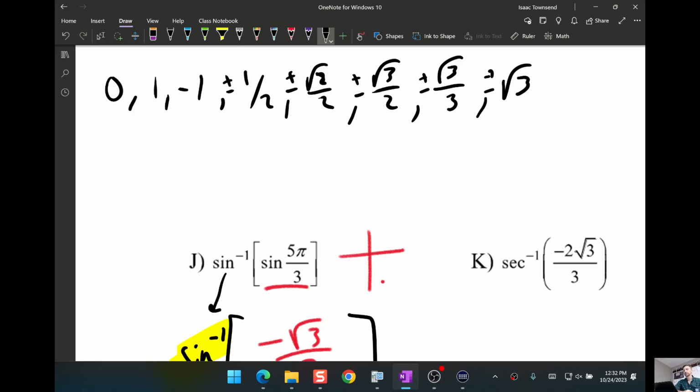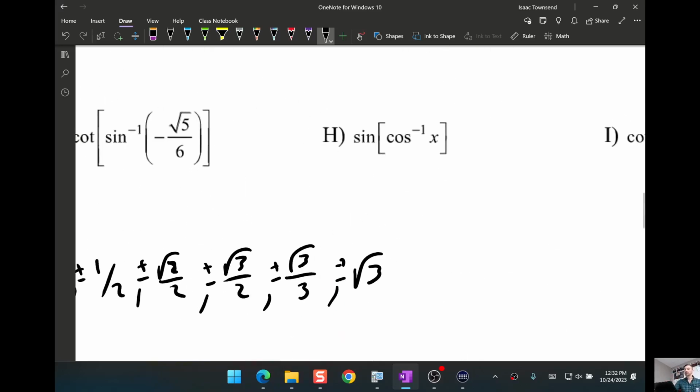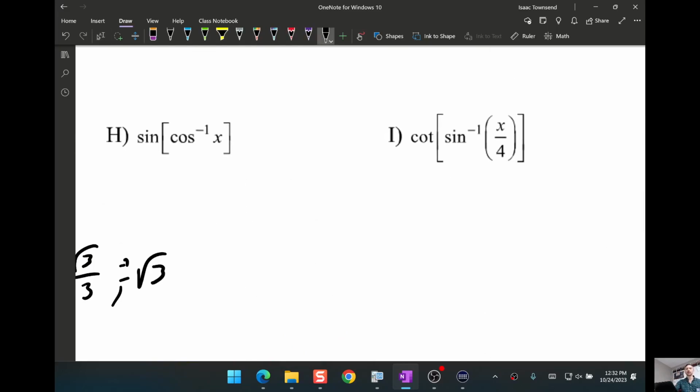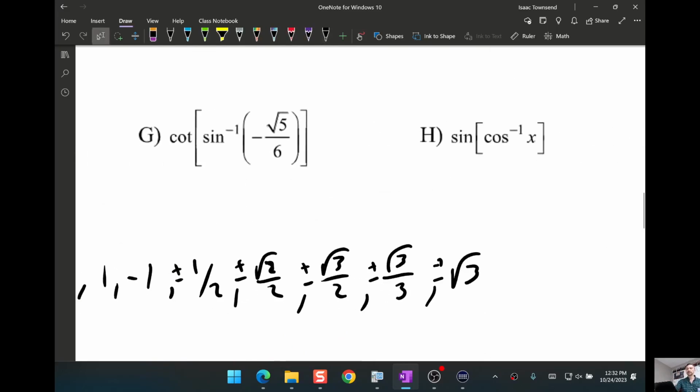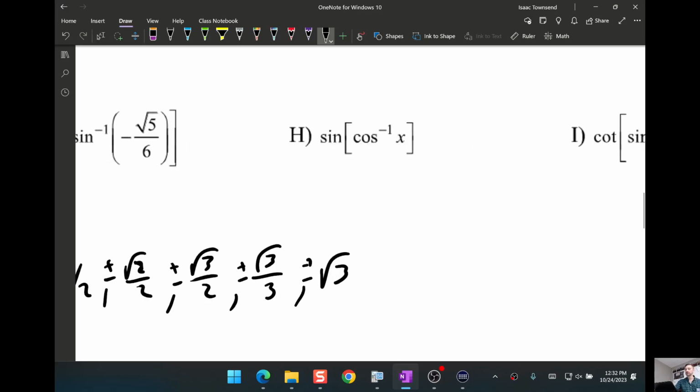So like negative square root 5 over 6, right? Yeah, that doesn't sound like something from the unit circle, so you need to sketch a triangle. Or the one, I don't know why students think this is any different, but this is not unit circle, so sketch a triangle.